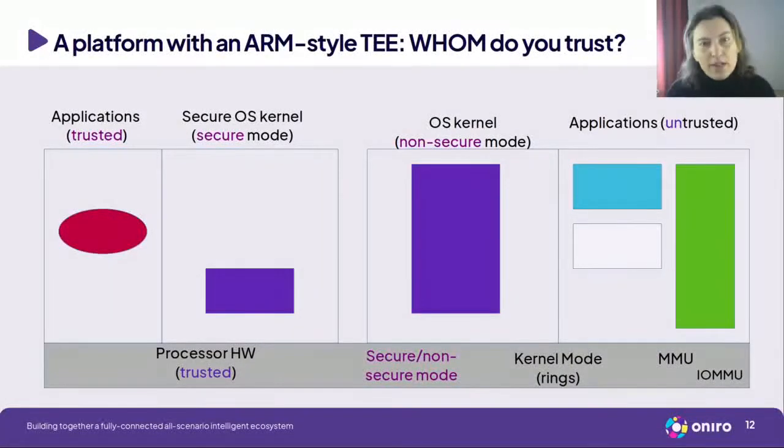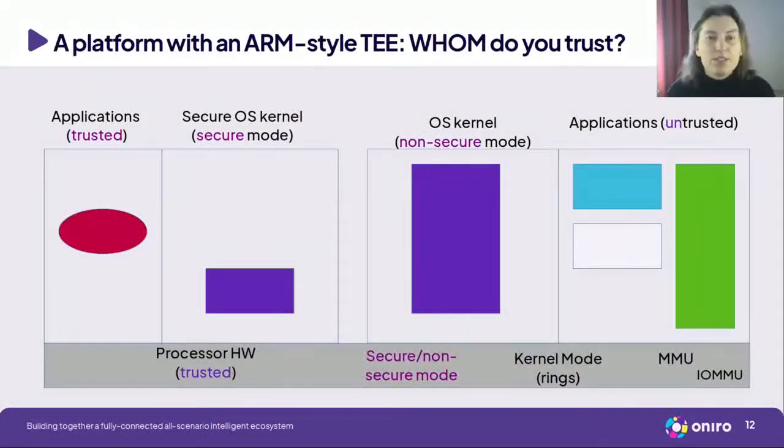Instead of one OS kernel, the one you were running previously is now running in the so-called non-secure mode. You also have another OS kernel, this time running in the secure mode, and you have some applications running in the secure mode and applications running in the non-secure mode.